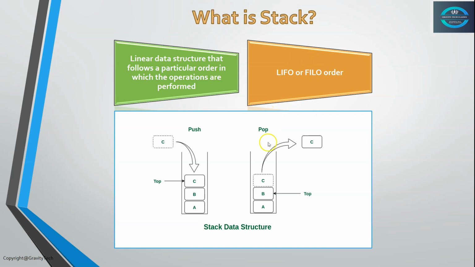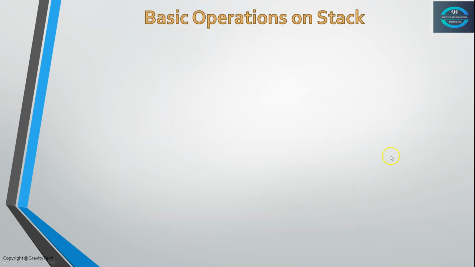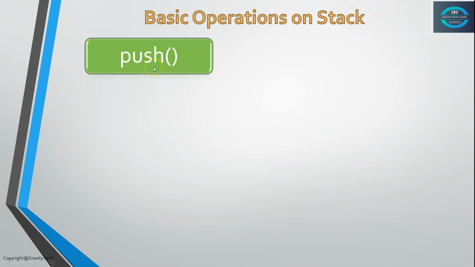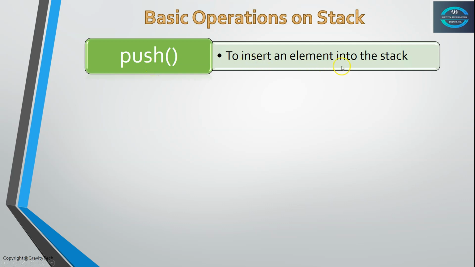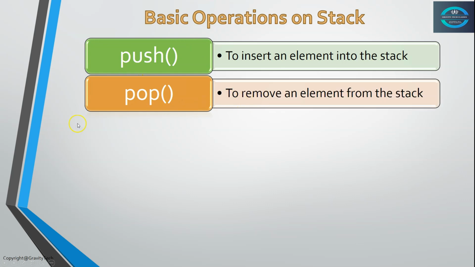So if you go next, the basic operations are push, pop, top, and so on. Push means to insert an element into the stack. Pop is the operation we use to remove an element from the stack.